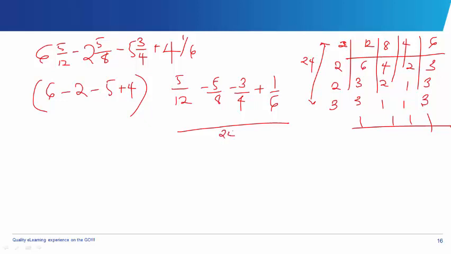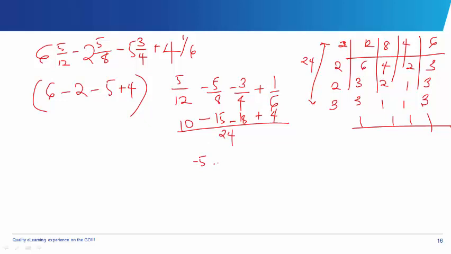So 24 divided by 12, 2 times 5 is 10. 24 divided by 8, 3 times 5, 15. 24 divided by 4, 6 times 3, 18. 24 divided by 6 is 4 times 1, 4. Now let's simplify this. 10 minus 15 gives us minus 5.